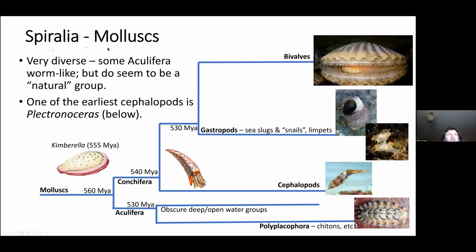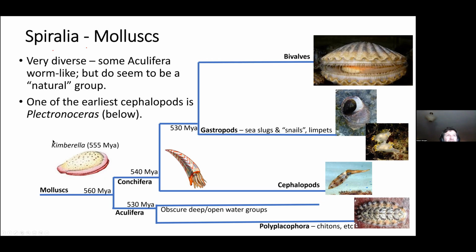Okay, the other big group is the mollusks, and these have diversified into the bivalves on the one hand, again going back 530 million years ago, and then you've got the cephalopods, which are all the squid, octopus, cuttlefish, things like that. Only very rarely turn up in rock pools and so on.